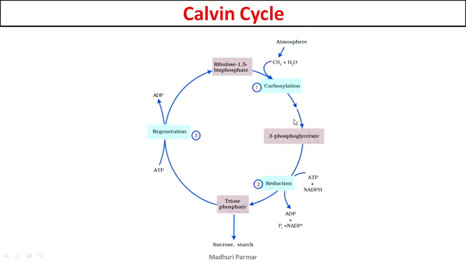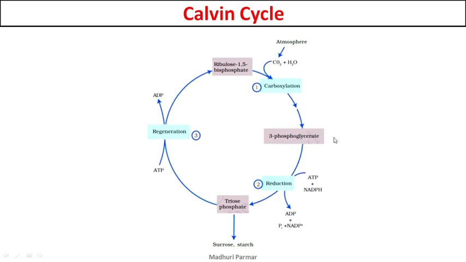acid, 3-PGA, phosphoglyceric acid. 3 is the position where the phosphate is, C. Now this 3-phosphoglyceric acid will be reduced. So the second step is reduction. In the reduction step, 3-phosphoglycerate is first converted into 1,3-bisphosphoglycerate, and that 1,3-bisphosphoglycerate is finally converted into 3-phosphoglyceraldehyde.